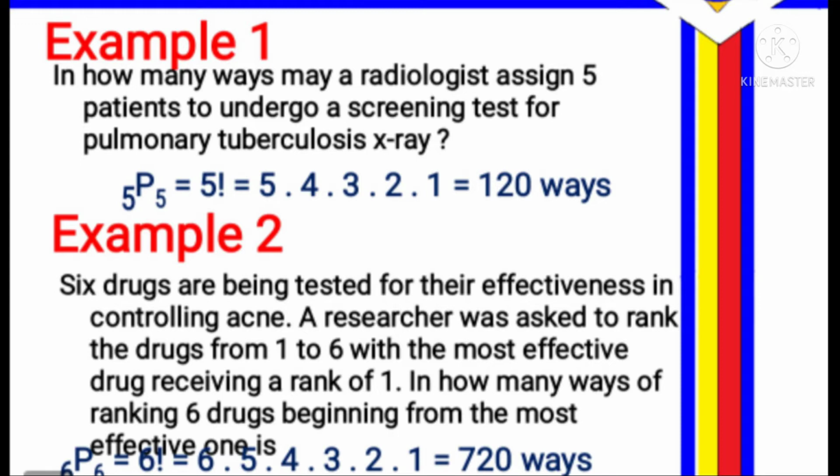In how many ways can the 6 drugs be ranked, beginning from the most effective one? So we have 6P6, or 6 factorial. Then that is 6 times 5 times 4 times 3 times 2 times 1. If we multiply these, we have 720 ways.